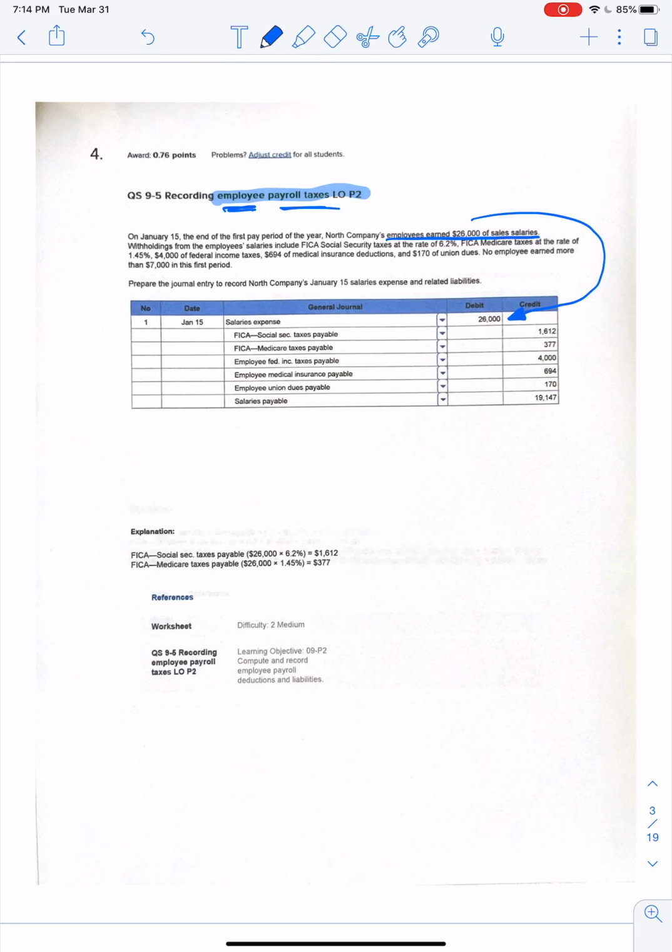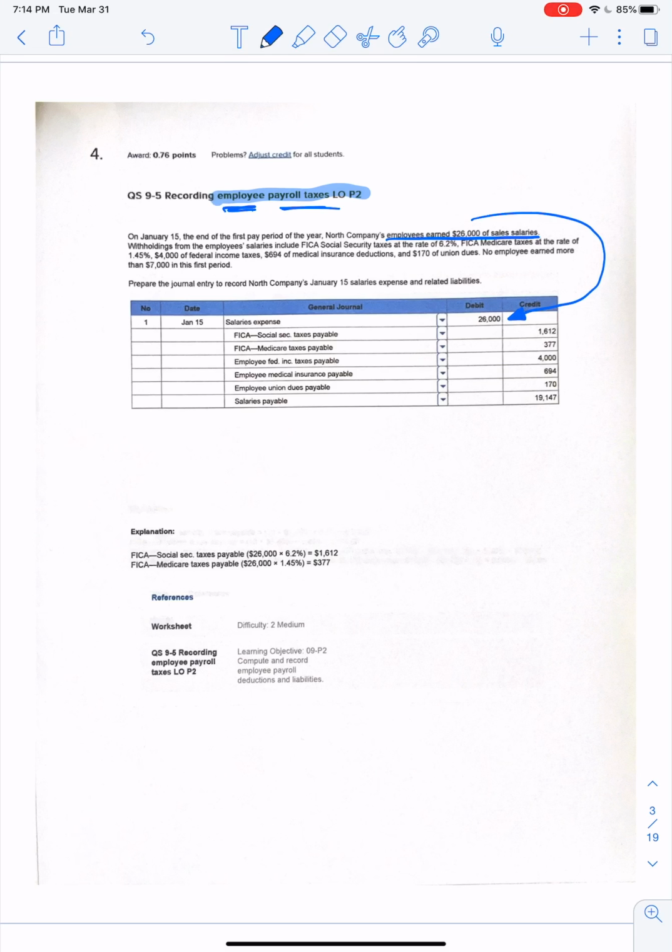The most common mistake I will see here is people will jump straight down and fill in $26,000 for salaries payable, and they will forget all of that. Please don't do that. That's not correct. What you see here is the proper way to do this question, and we're going to go through exactly how we get to all those numbers.